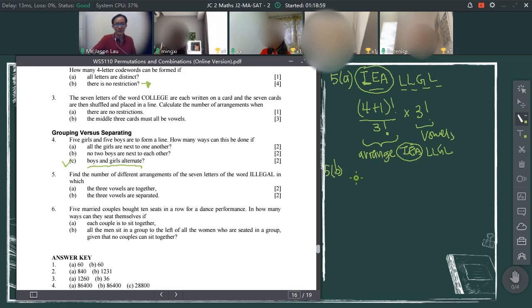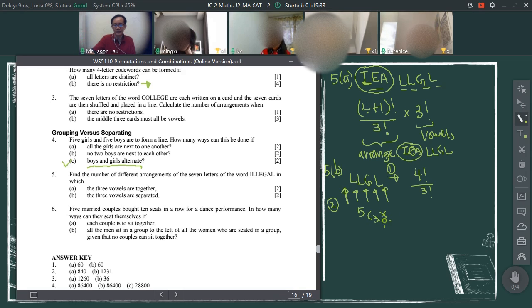5B, the 3 vowels are separated. So this is a separation slotting method. Therefore, the first thing is we arrange the consonants first. So this will become 4 factorial over 3 factorial. Then after that, you slot in. This is the first step. Second step, you slot in. The number of ways will be 5 choose 3, because the vowels are separated in this way.